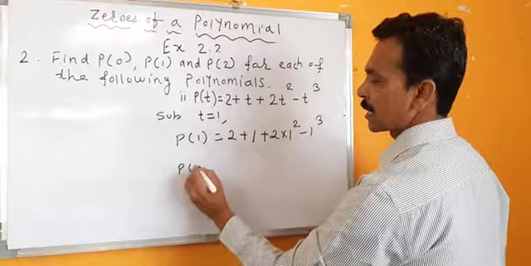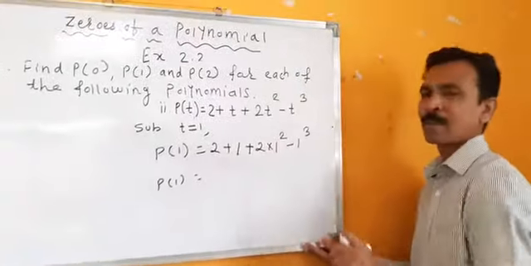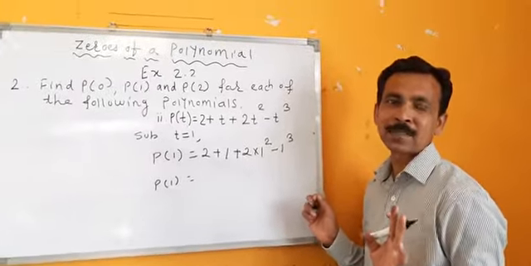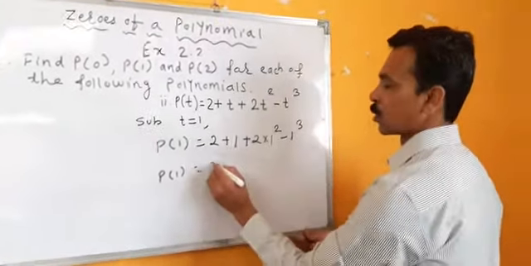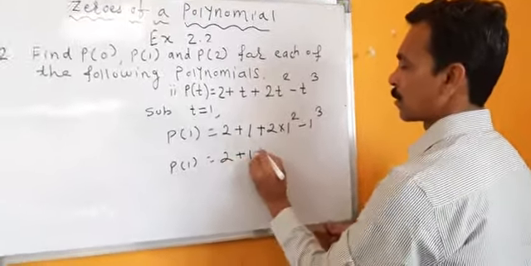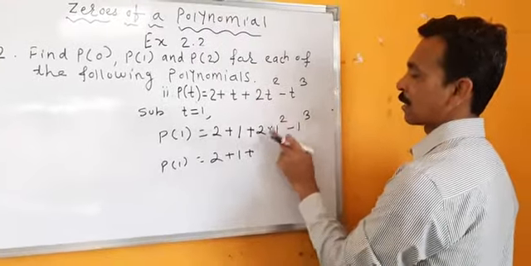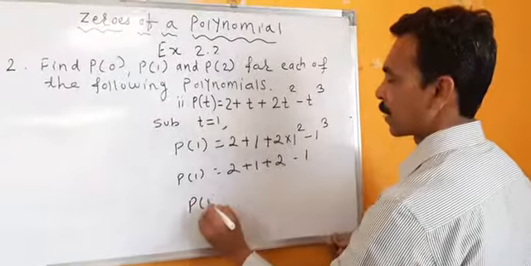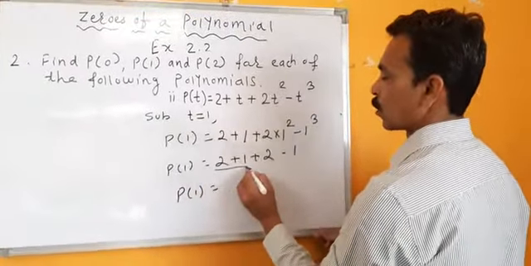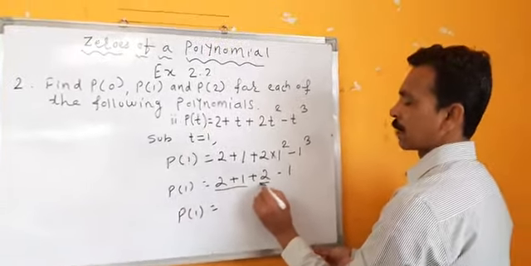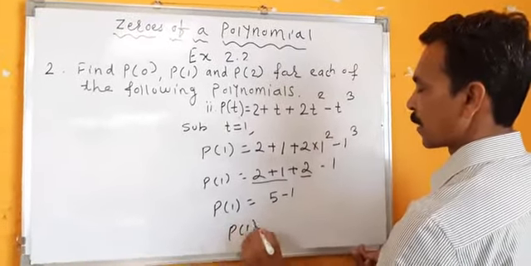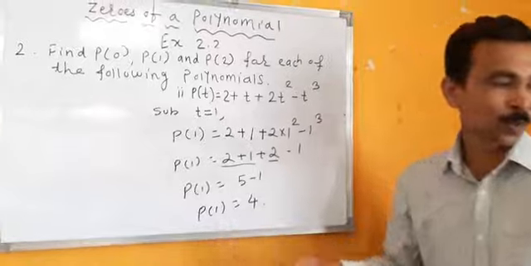It's very easy, you just have to place the values and be very careful with your basic operations. Basic operations means addition, subtraction, multiplication and division. 2 plus 1 plus 1 square is 1, 1 into 2 is 2, minus 1. P of 1 is equal to 2 plus 1 is 3, 3 plus 2 is 5, 5 minus 1. P of 1 is equal to 4.